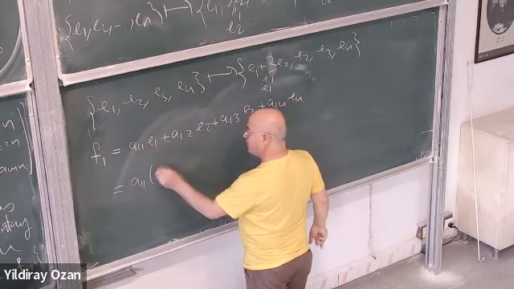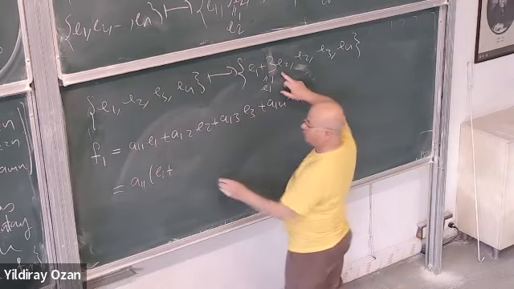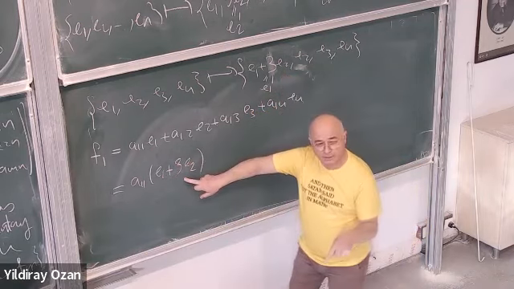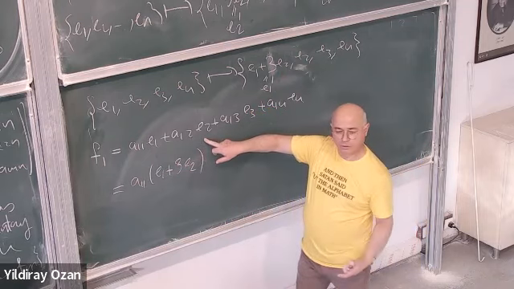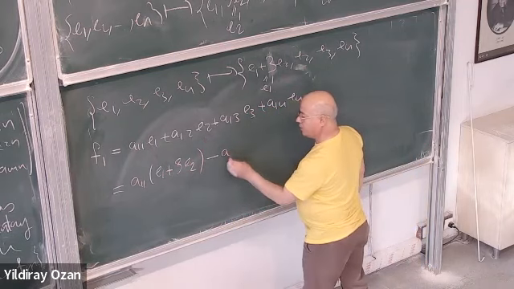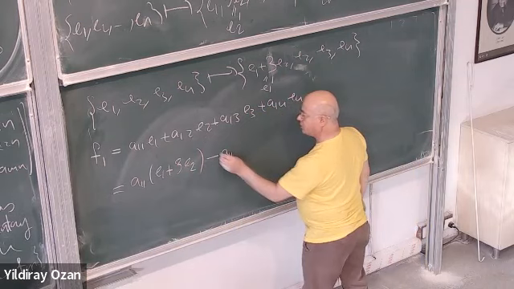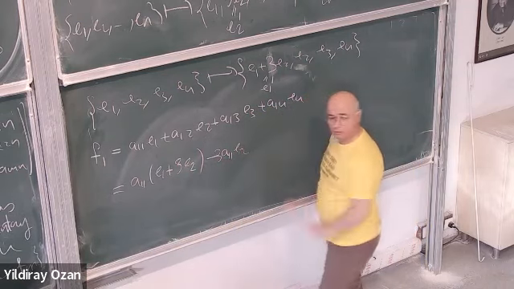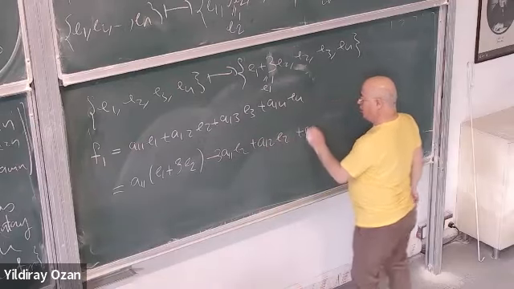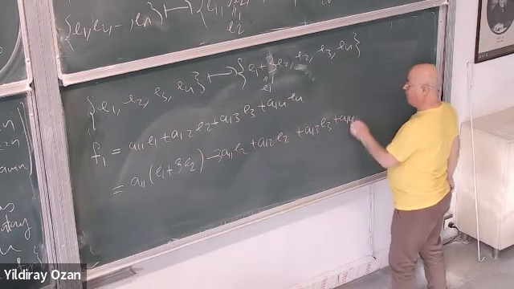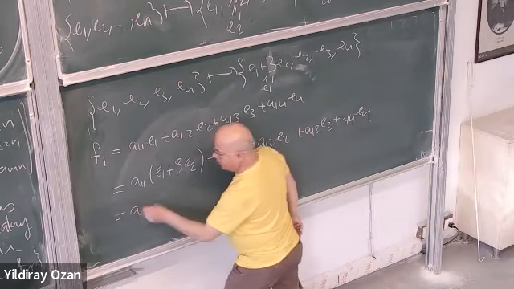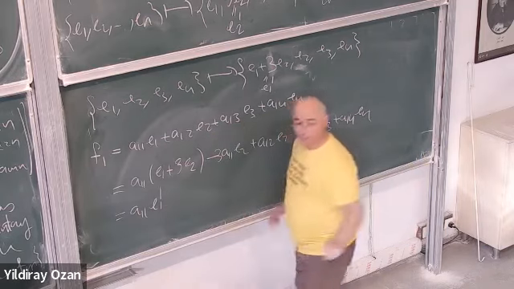A11, instead of this, I should have this guy plus this one, right? But if you are adding this, not to change the equality, you have to subtract this. So I have to subtract what? A11 times minus 3 A11 E2. But I have already A12 E2, A13 E3, A14 E4.